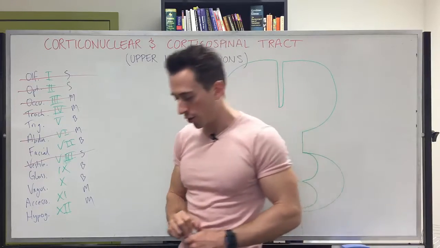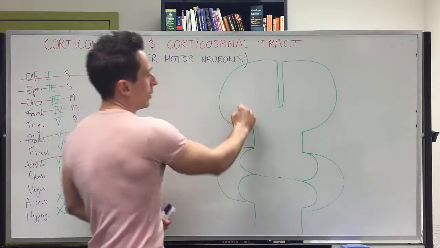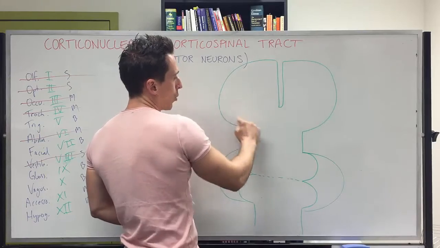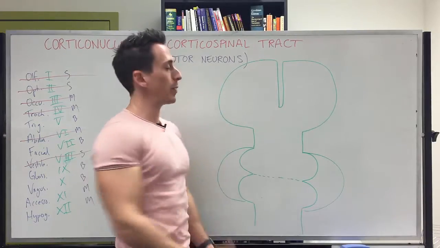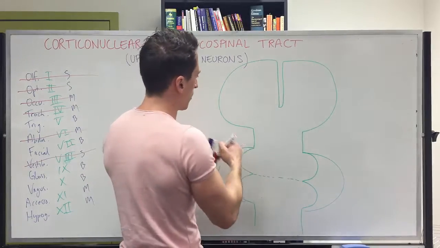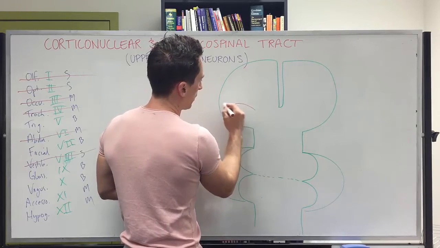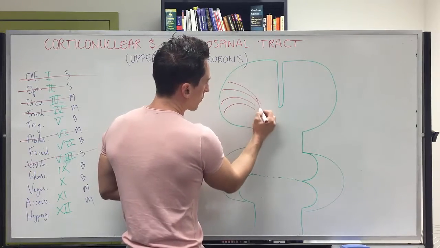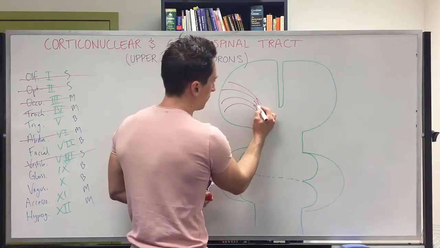So now we're going to talk about the fact that we stimulated the motor cortex so that we could speak. It's sending neurons down, and remember, it was fanning these neurons down into the corona radiata.